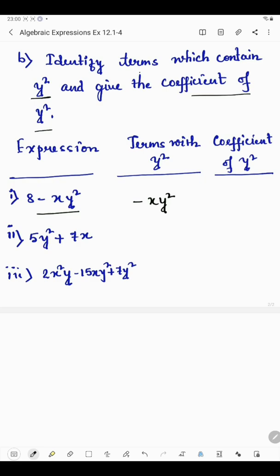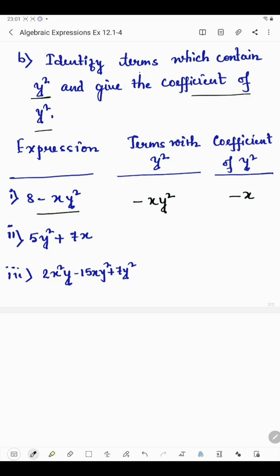Now we will write the coefficient of y square. Coefficient of y square means excluding y square, what is present with that. So we will not take y square; excluding y square we have minus x. So the coefficient of y square from the term minus xy square will be minus x.